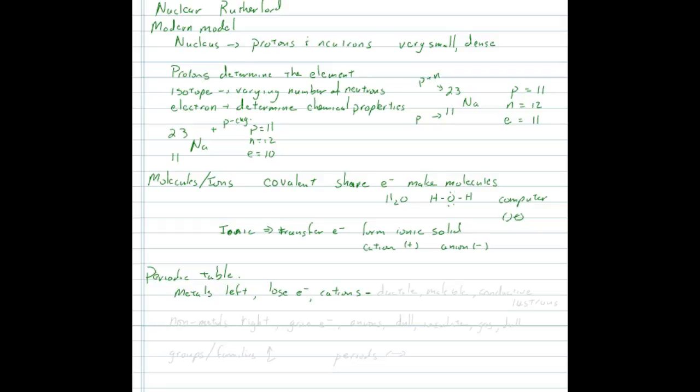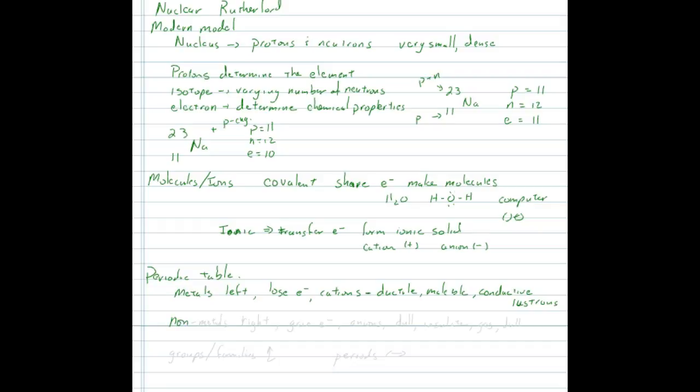In general, their properties are ductile, malleable, conductive to electricity and heat, and lustrous, which means they can be polished and form a shiny surface.